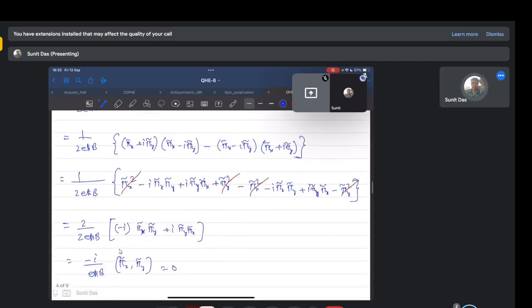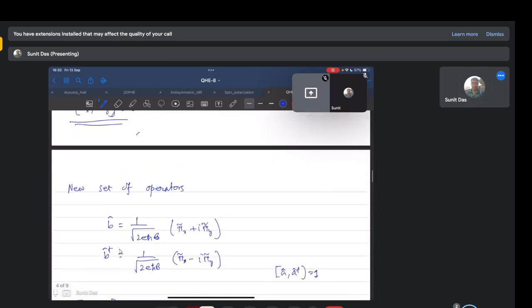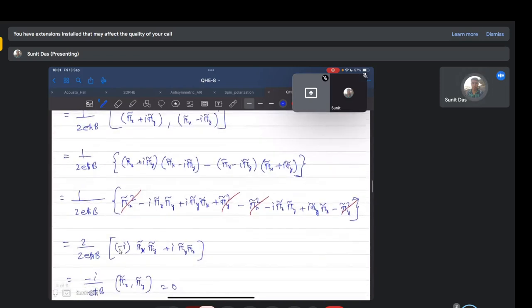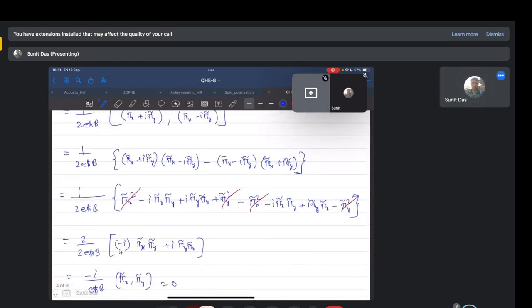So in the lecture notes, what I am saying is that π_x tilde and π_y tilde are defined as what we have defined, but it says, just a second.